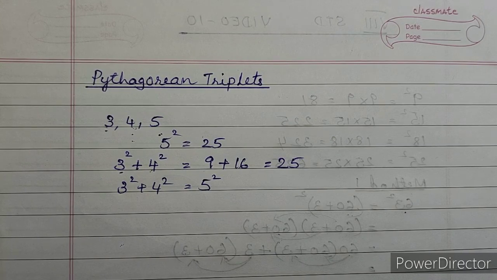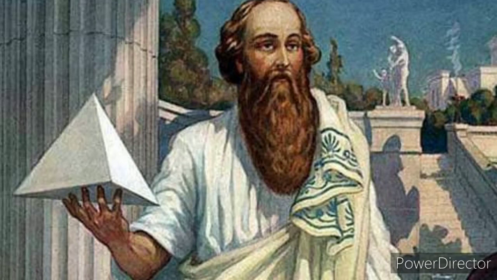You might have heard about this theorem. You are going to learn in 10th standard. The theorem proof, everything you are going to learn in 10th standard. I will just show you the Pythagoras picture. See children, this is the famous mathematician and philosopher, Greek philosopher Pythagoras.